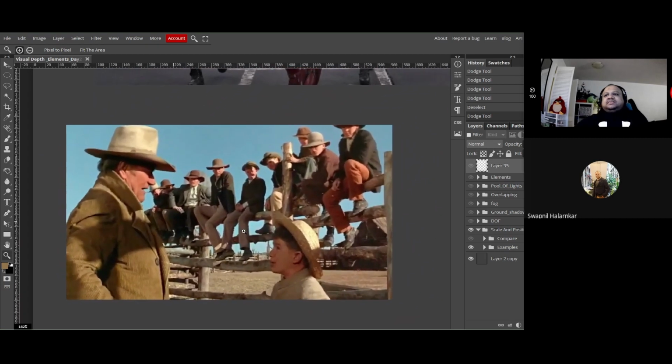Here is another example. Here what we see is they tried to actually put those characters on this higher sitting position, just that they were not able to frame it the way they wanted. This character was important, and you see that the angle is a little from down because you can see the below of the head side.